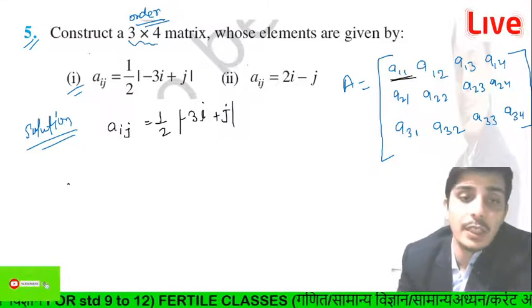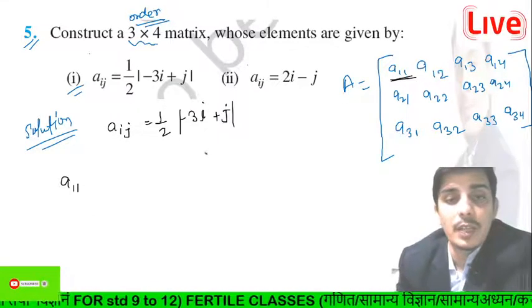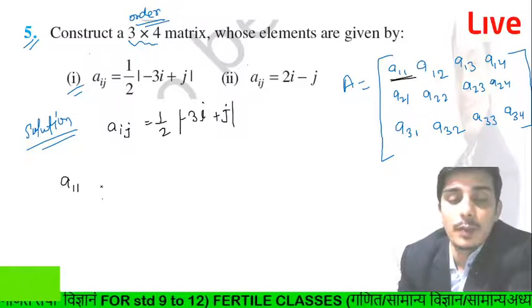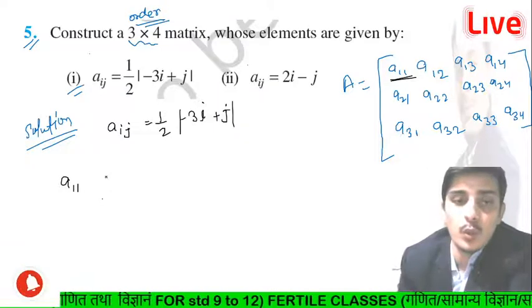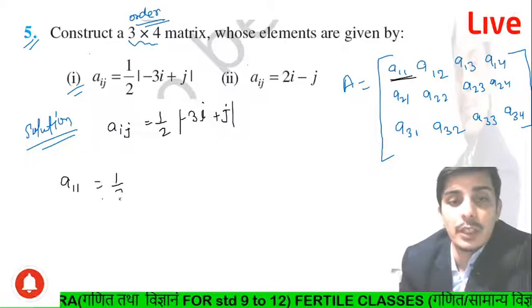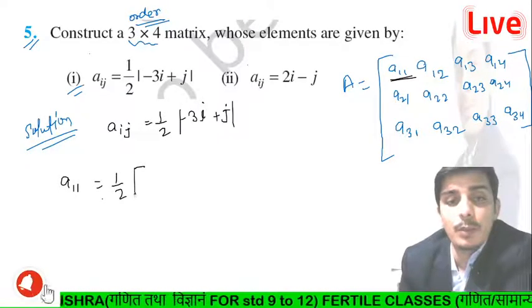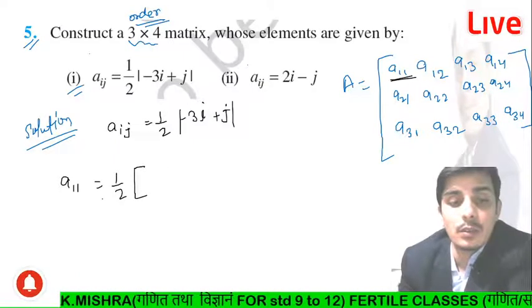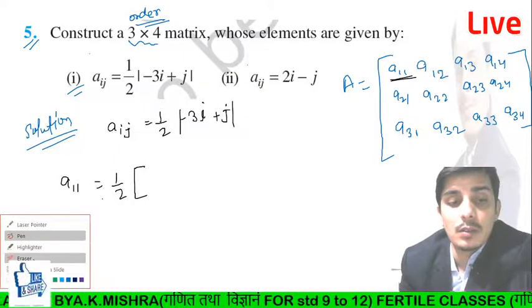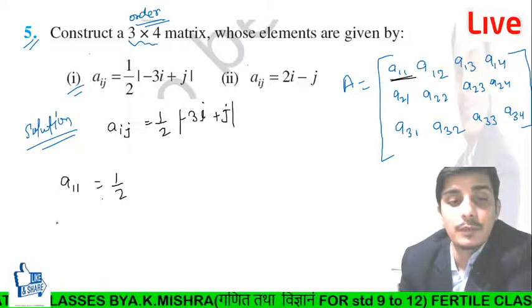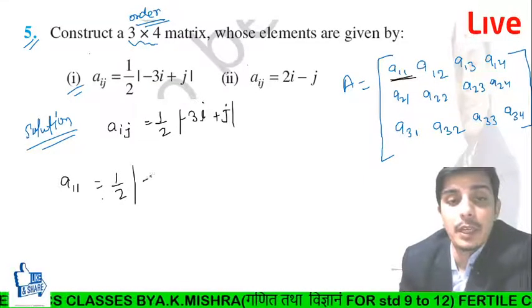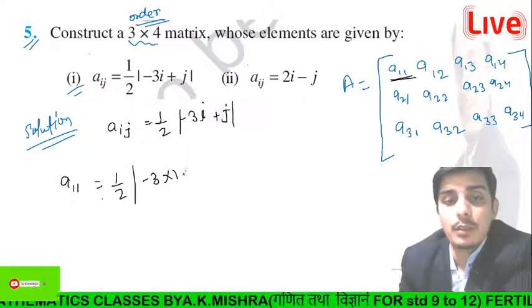So the first element is A11, meaning the element of the first row and first column. So A11 is equal to 1 by 2, and mod of 2 minus 3i plus j. So we can write here 3 into 1 plus 1.